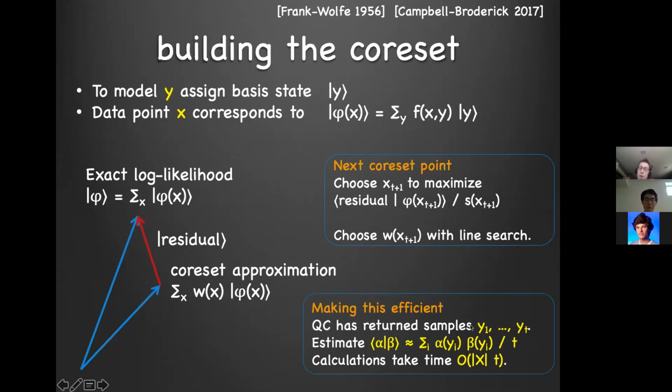Instead of taking this inner product over all of the models, let me approximate this inner product in the model space by only looking at the samples returned so far by the quantum computer. If the quantum computer has returned t samples, then that will take time t on the classical computer. So the classical computer takes time t times the size of the data set. If t is pretty small, this is not much more than just sweeping once over the data set, which surely we were willing to do anyway.